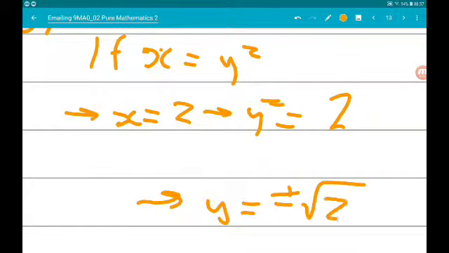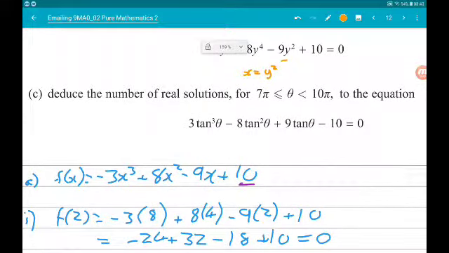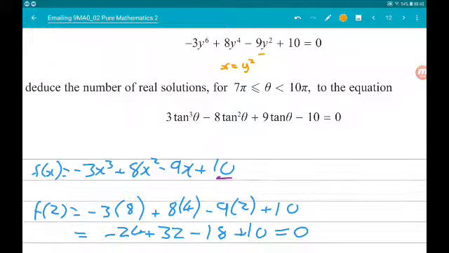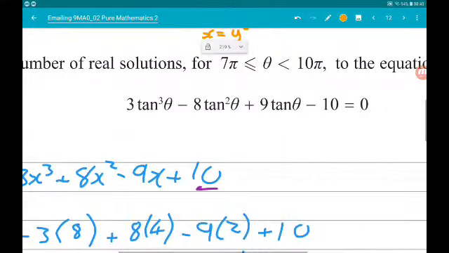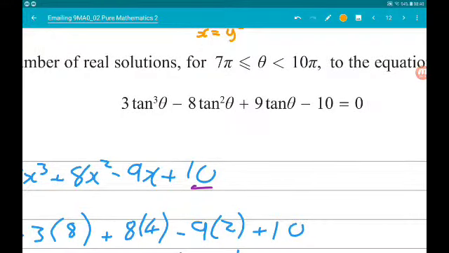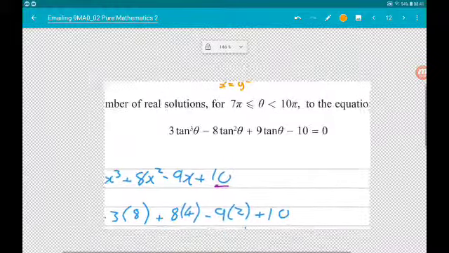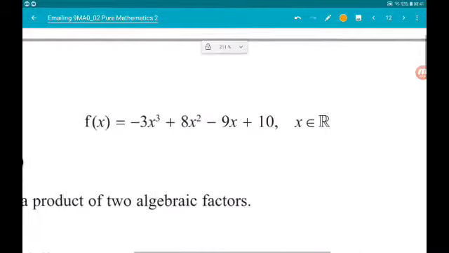Okay, then part C wants us to deduce the number of solutions for theta between 7 pi and 10 pi of the equation 3 tan cubed minus 8 tan squared and 9 tan minus 10 is equal to 0 for 1 mark. So this is the same equation as our main man from up here.